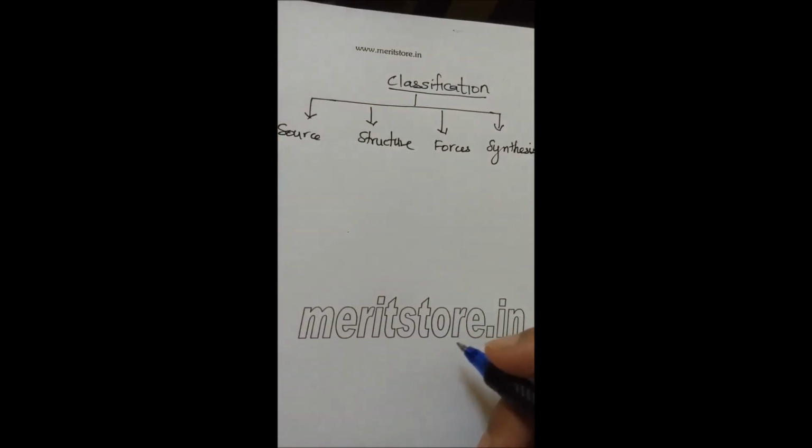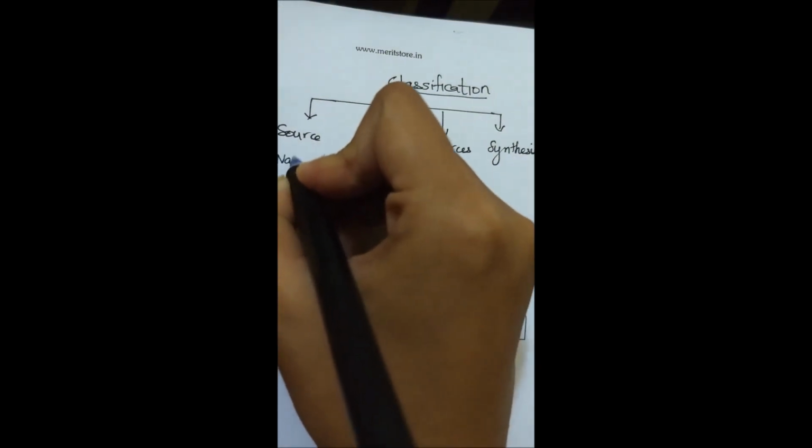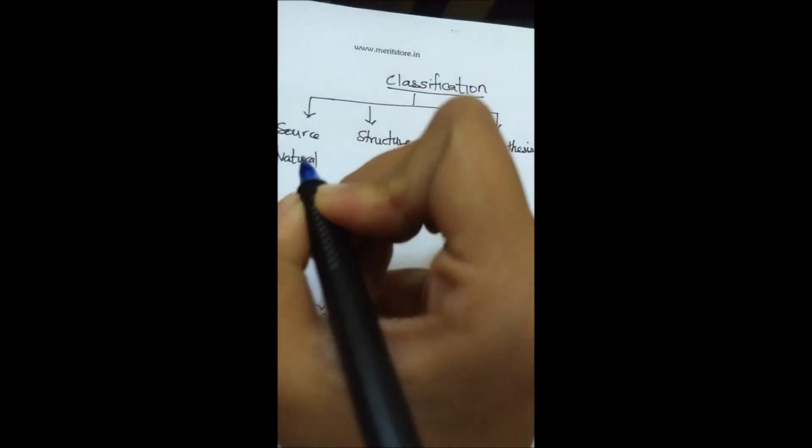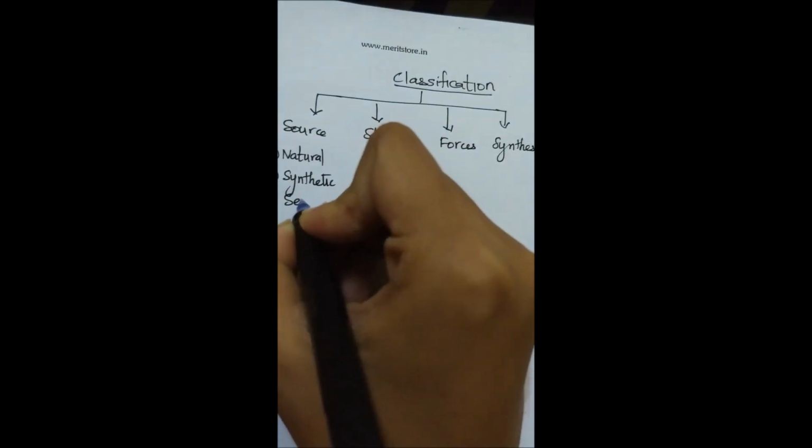Let us look at classification based on the source. They can be of three types: natural polymers, synthetic polymers, and semi-synthetic polymers.